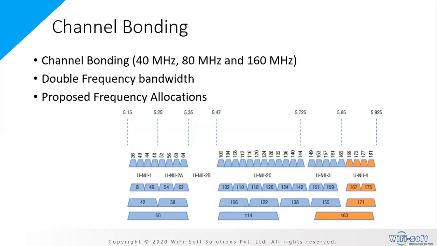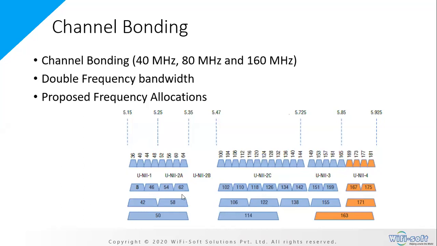What we have drawn on the top are the channels, 36, 40, 44, 48, and so on. These are the channels in the 5 gigahertz band. Similarly, on the right hand side, the orange ones are the ones which have been proposed to the FCC. If they get approved, then it will add more bandwidth to the 5 gigahertz. That's why they are in orange.